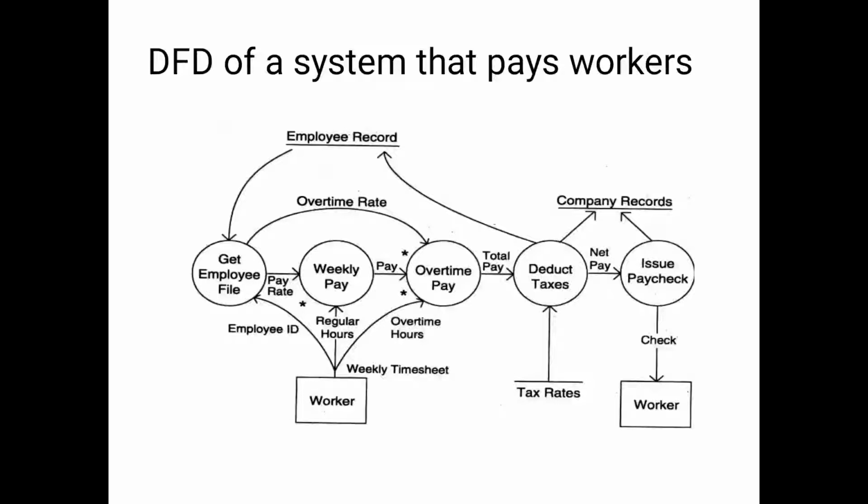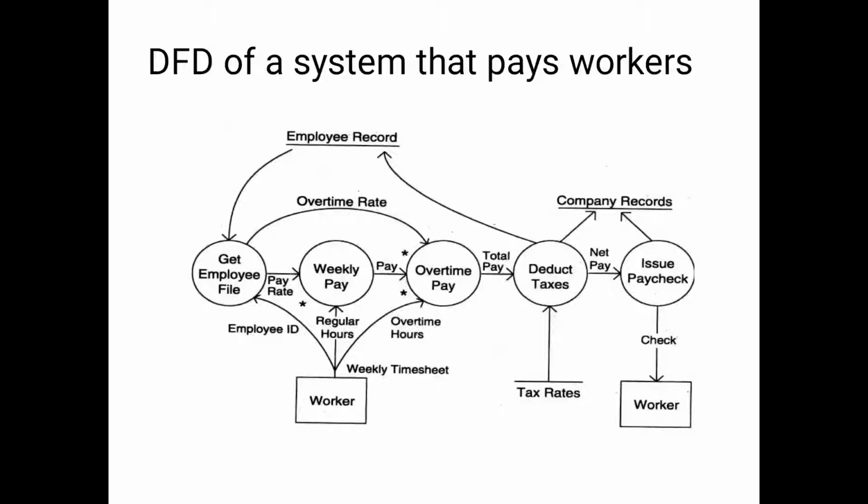So this is the pay worker's DFD. In this system it completely indicates the record of every employee: his name, his address, his phone number, email ID, everything is stored in this employee file, and it is represented through the employee ID.